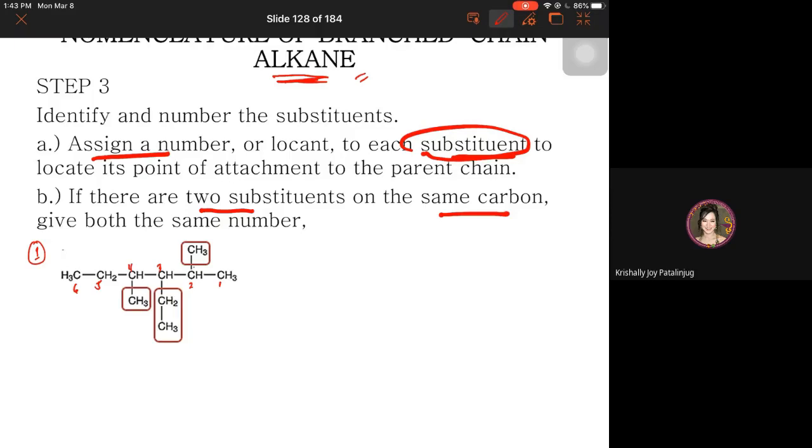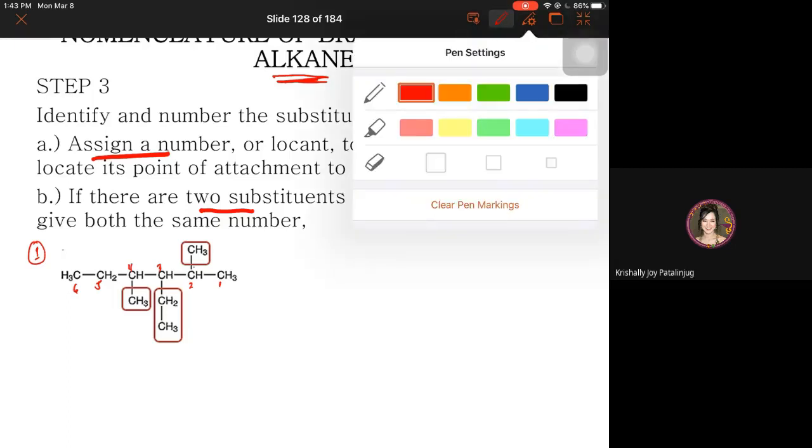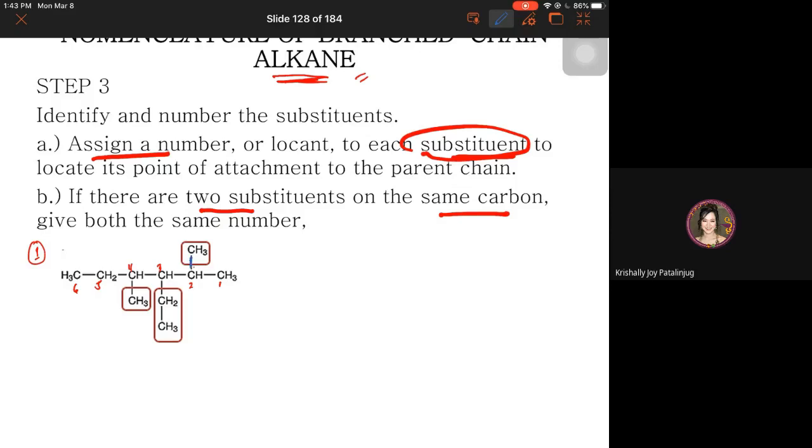Kailangan ng mga alkyl groups para mabuo yung isang organic molecule. So say for example, for the second carbon, CH3. Okay? From CH4, which is methane, di ba methane is CH4.